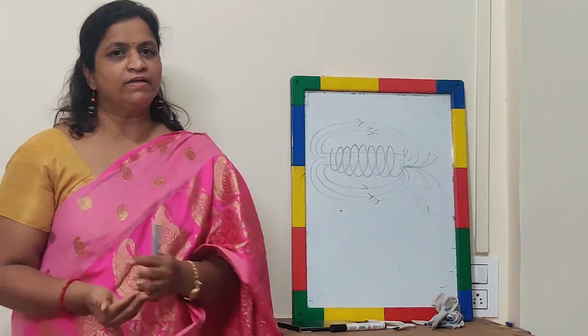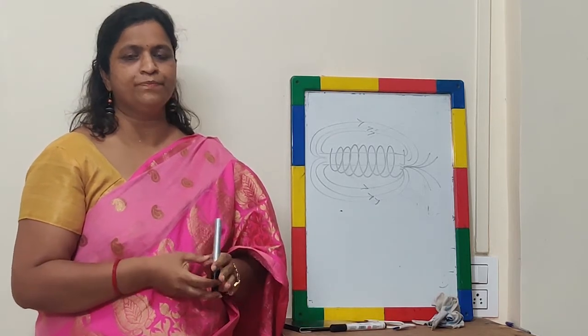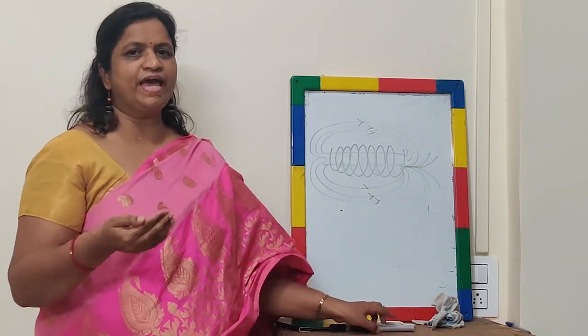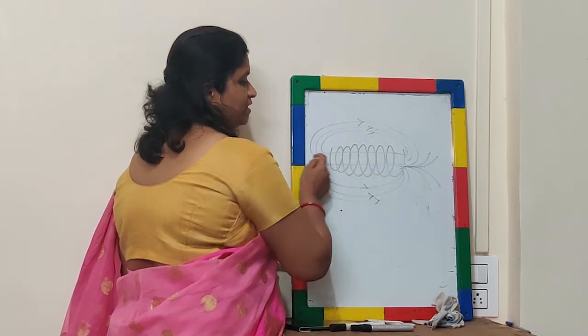Now the strength of this solenoid's magnetism can be increased by putting an iron rod inside this plastic tube.